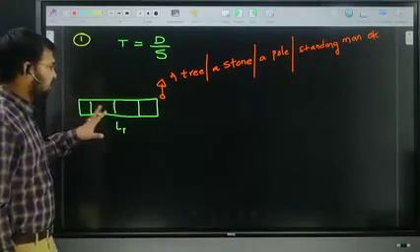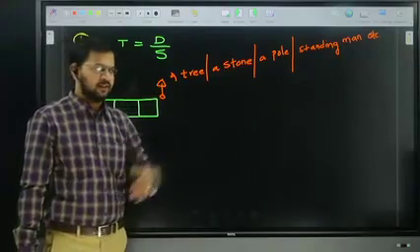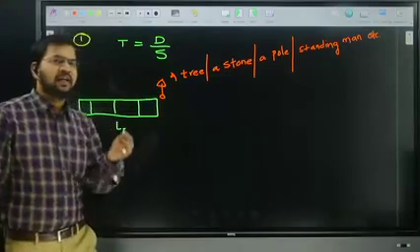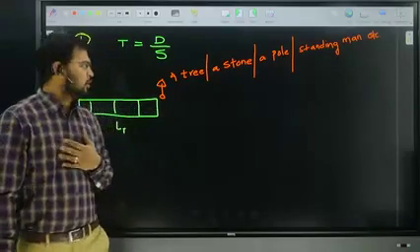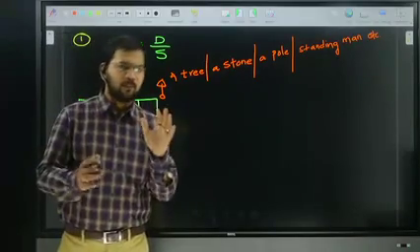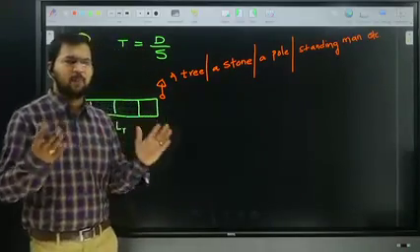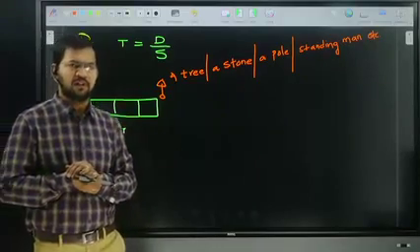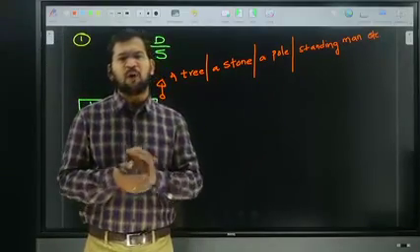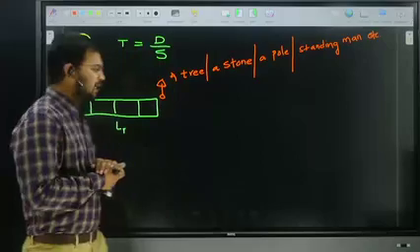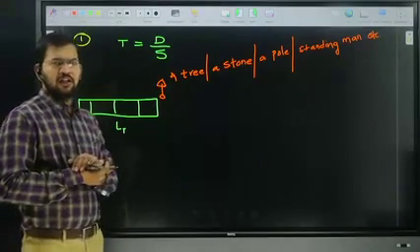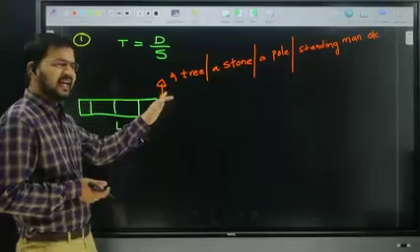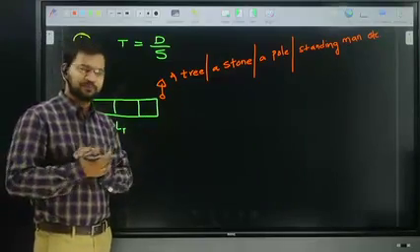Whenever a train crosses these types of objects, say for example, a tree is placed at a single point. A stone is placed at a single point. A pole is placed at a single point. A man is standing at a single point. Whenever a train crosses these types of objects, the second object's length is negligible.